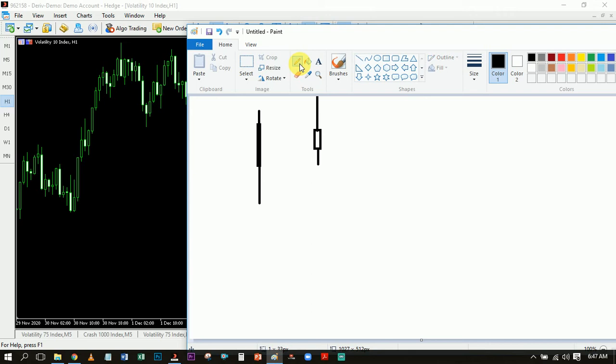So now let me explain this. This is a bearish candle, and you notice that the wick here is short. You can see the wick here is long. Now what do I mean by wick? Since it's a bearish candle, this tells you that when this candlestick started forming, the price started at this level.